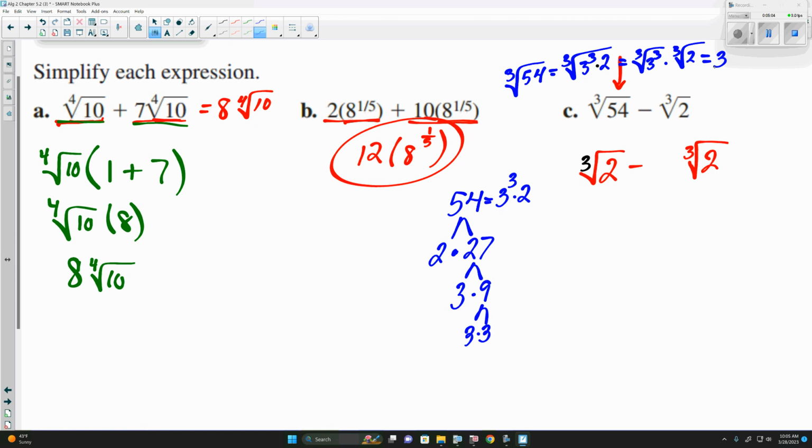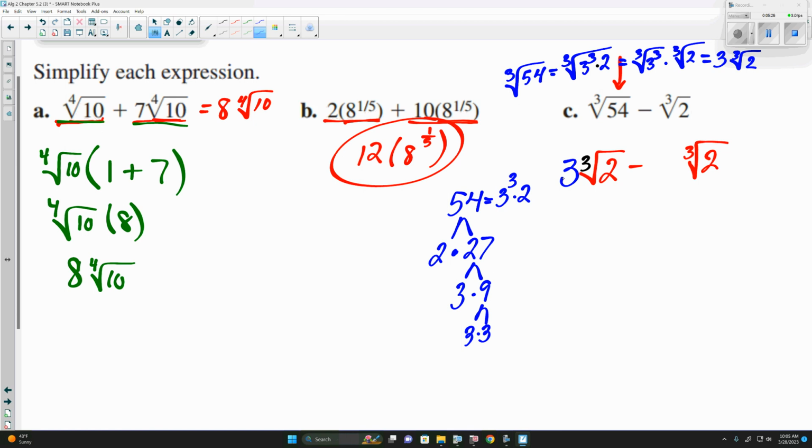The cubed root of 3 to the 3rd is 3, but we still have the cubed root of 2. So the cubed root of 54 is the same as 3 times the cubed root of 2. And we could have put that underneath it, or we can set it up as this here.